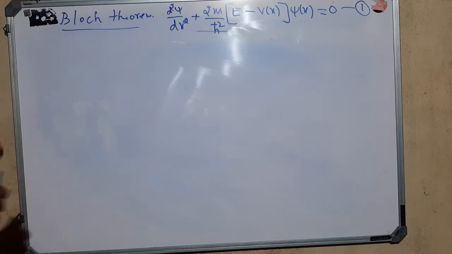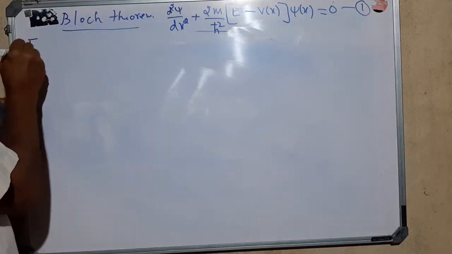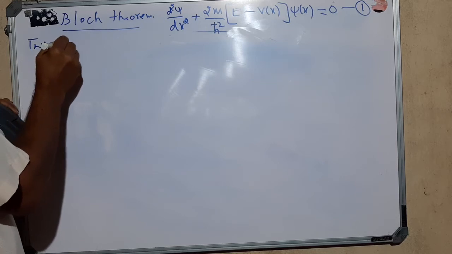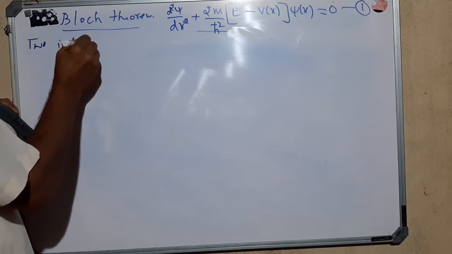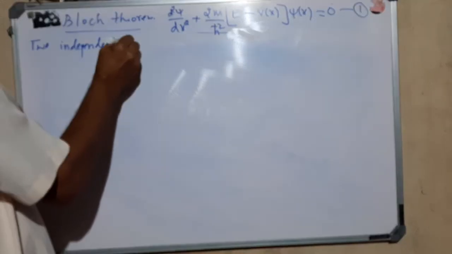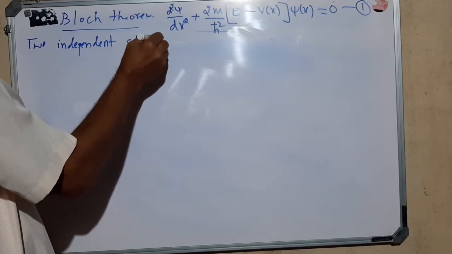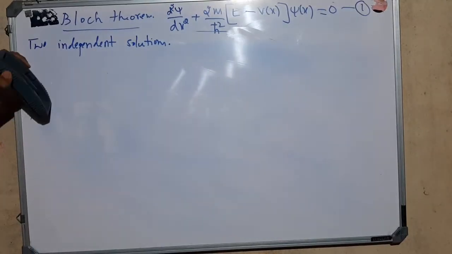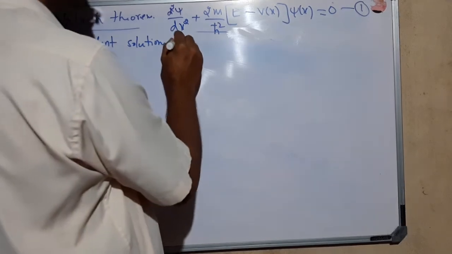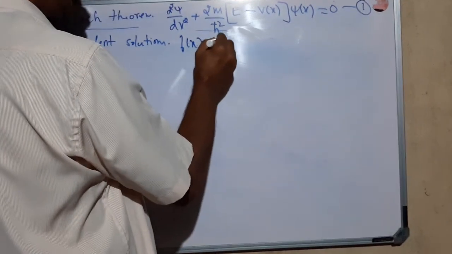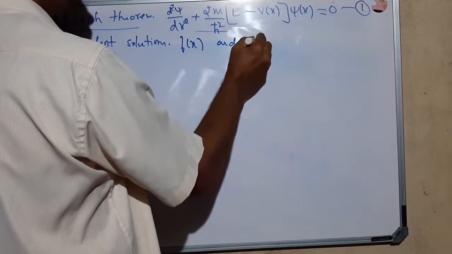Therefore, it has two independent solutions. Let us take these two independent solutions as f of x and g of x.